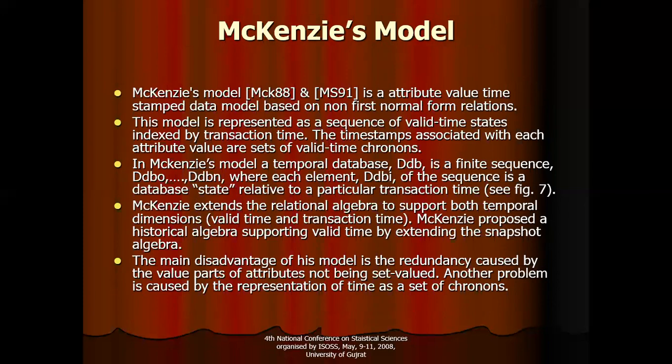In the McKenzie model, a temporal database is a finite sequence which is represented as db0, db1, db2, ..., dbn, where each element dbi of the sequence is a state relative to a particular transaction time. So every state is relative to a particular transaction time. So McKenzie extends the relational algebra.